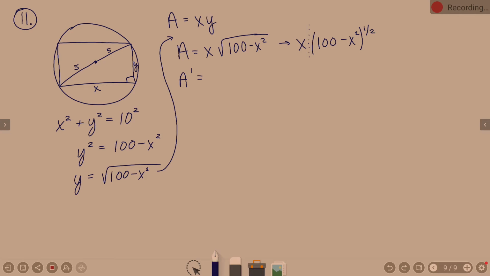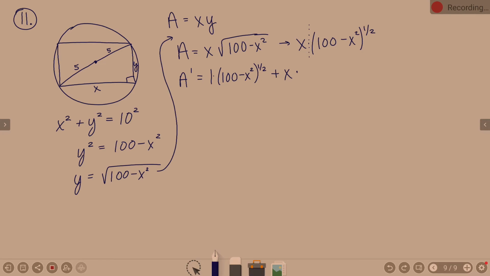There's a product rule here, isn't there? Derivative of the first: derivative of x is 1. And then we're going to keep the 100 minus x squared raised to the 1/2. Product rule says then we add. And this time I'm going to keep the x, and we're going to multiply by the derivative of 100 minus x squared raised to the 1/2.